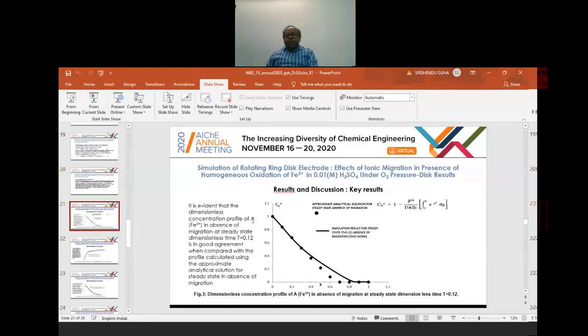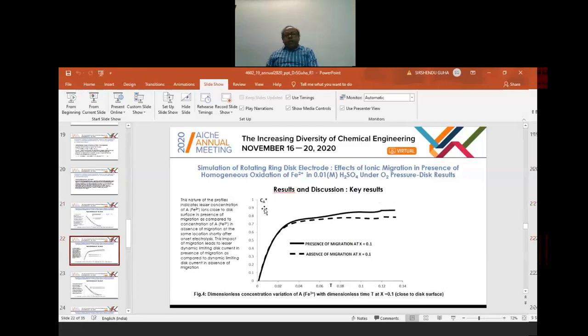Now figure 3 gives me the dimensionless profile of A with the distance from the disk, and it can be said that the accuracy of the simulation is very good, because the steady state profiles which I have got nearly match the simulation results given by other researchers, which is an approximate analytical solution given by this equation.